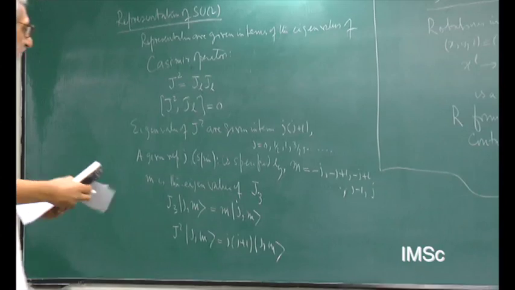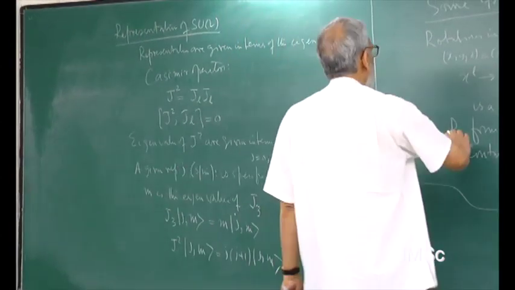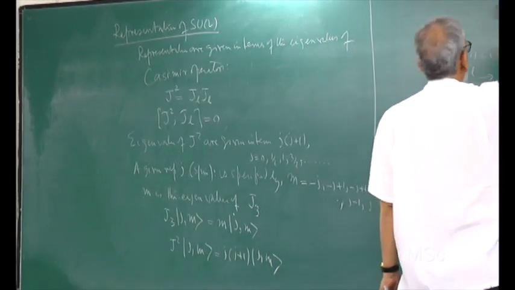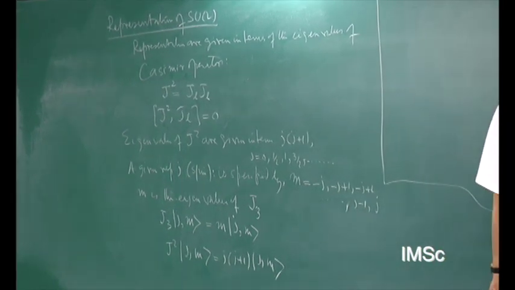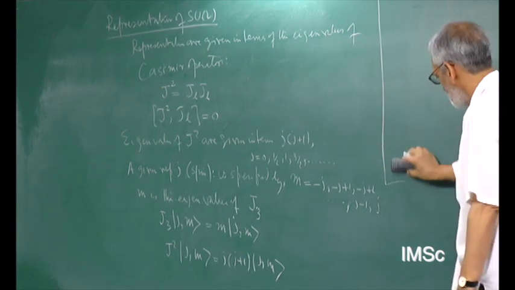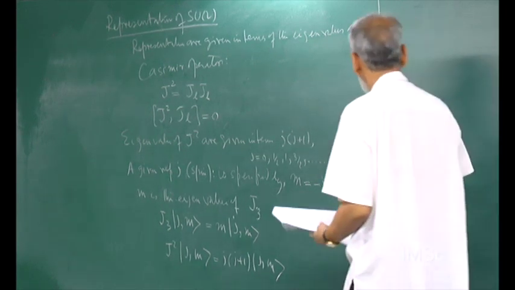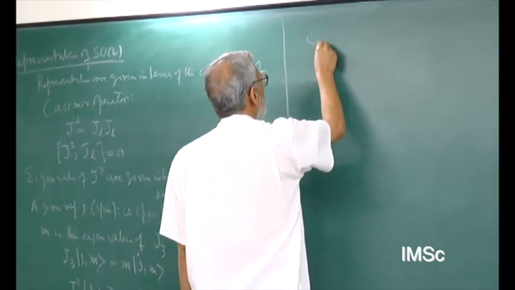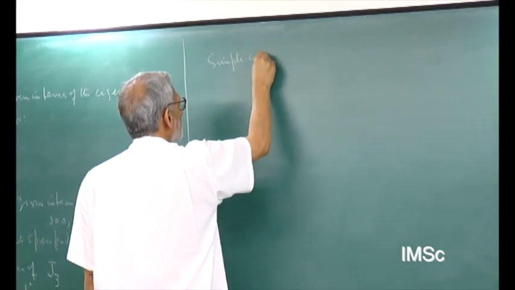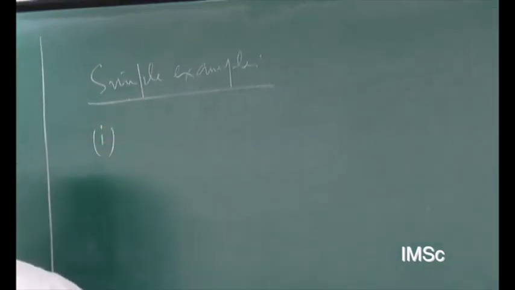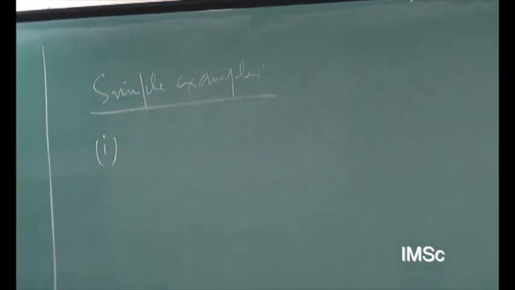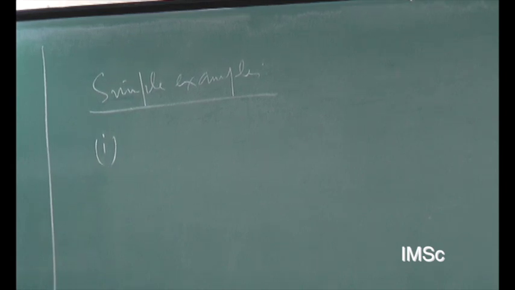Now let's look at some simple examples of these representations. The first one is the trivial one, when small j is 0.